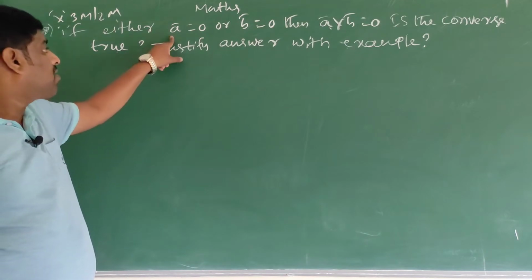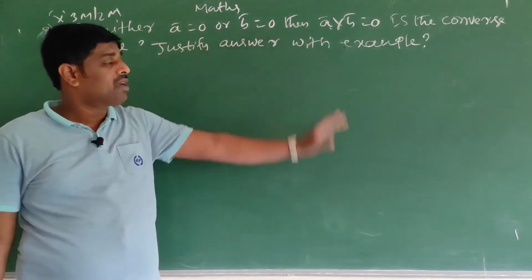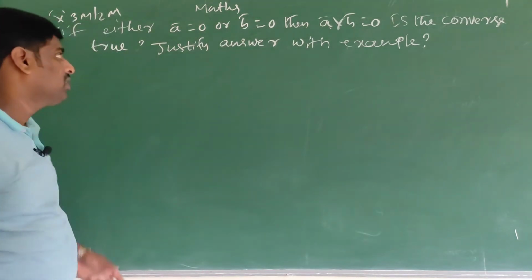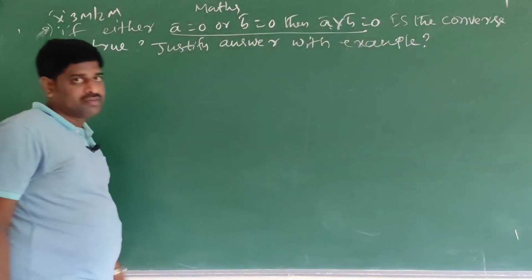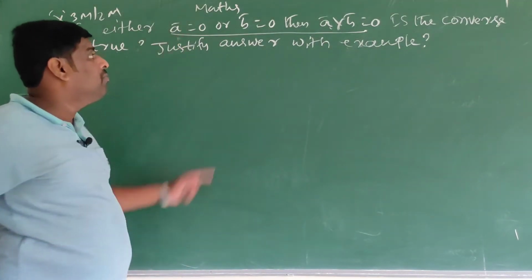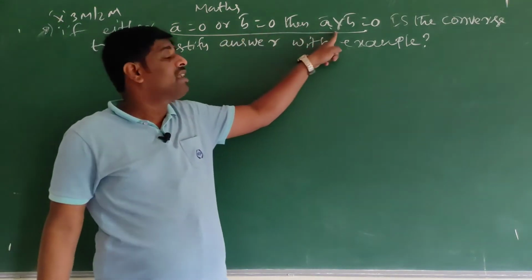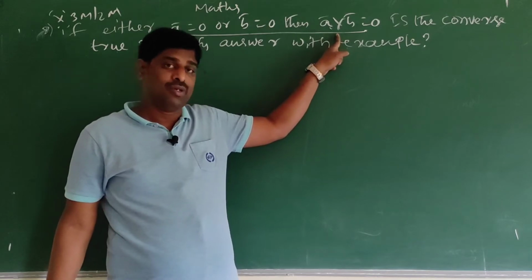That is, if I take a bar equals 0 or b bar equals 0, then a bar cross b bar equals 0. As I already told in the dot product of vectors, the converse means first I have to take a bar as a non-zero vector and b bar as a non-zero vector, then prove a bar cross b bar equals 0.